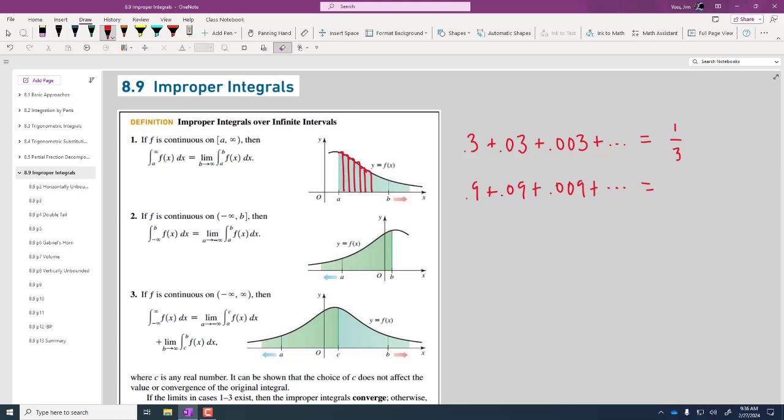What does this add up to? 1. Yes, 0.9 repeating, which is the same thing as 1. 0.9 repeating and 1 are the same number. Decimal representations of numbers are not unique. If 0.9 repeating and 1 were not the same number, there would be a distance between them.